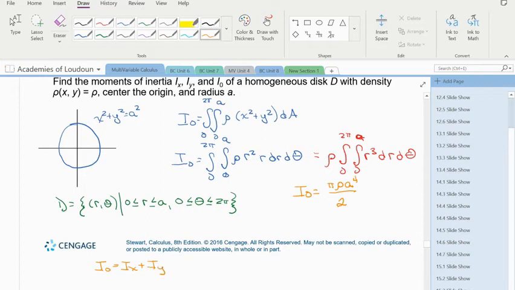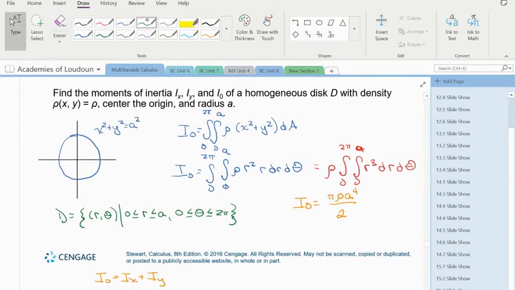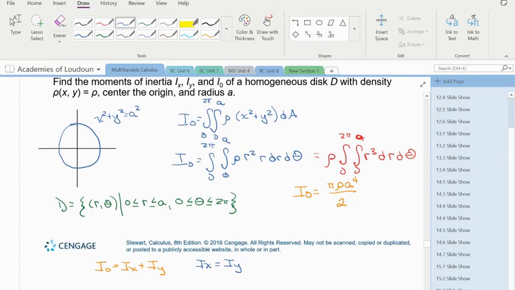And we also know that because the disk is homogeneous and it is a circle centered about the origin, our moment about the x-axis is going to be equal to the moment about the y-axis. And therefore, those are going to be equal to half of our polar moment, which means we have pi rho a to the fourth over 4.